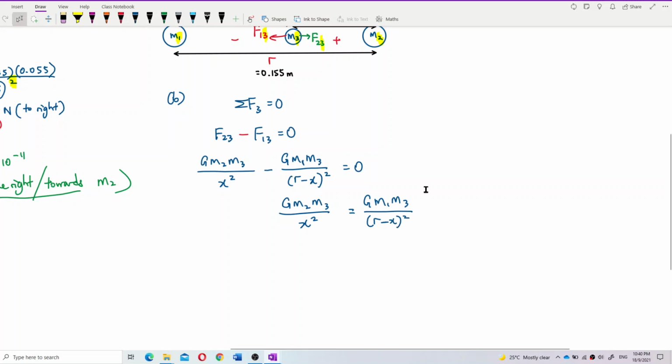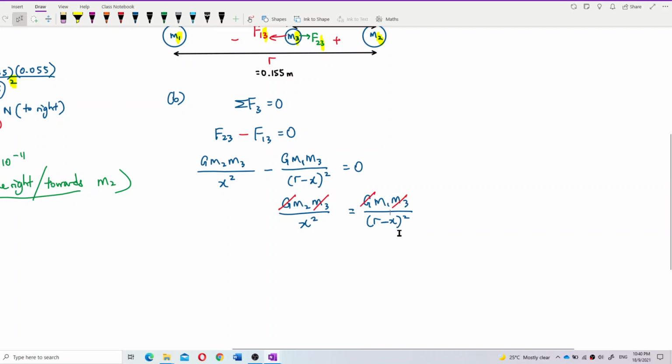The negative goes to the other side and becomes positive. Look for the common factors. The G can be cancelled, divide by G, gone. Mass 3 is also common, so it can be cancelled. So I'm left with only M2 and M1.